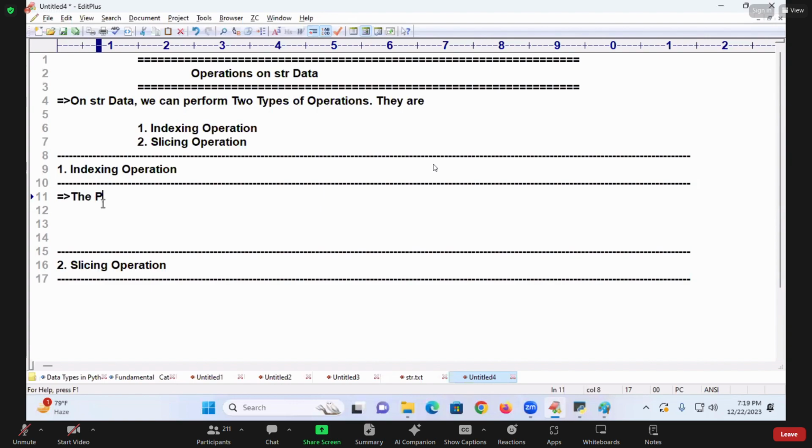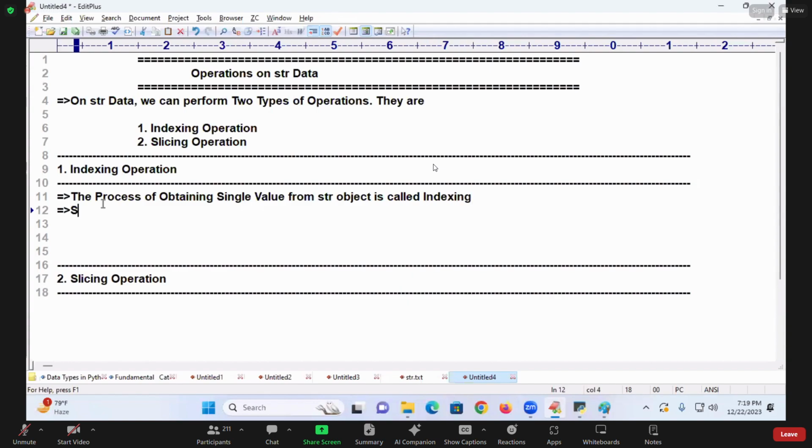The process of obtaining single value from strobj is called what? Indexing. Sir, what is the syntax? Now I am writing the syntax. Syntax is strobj. In our case, what? S of, you are writing what? Index.